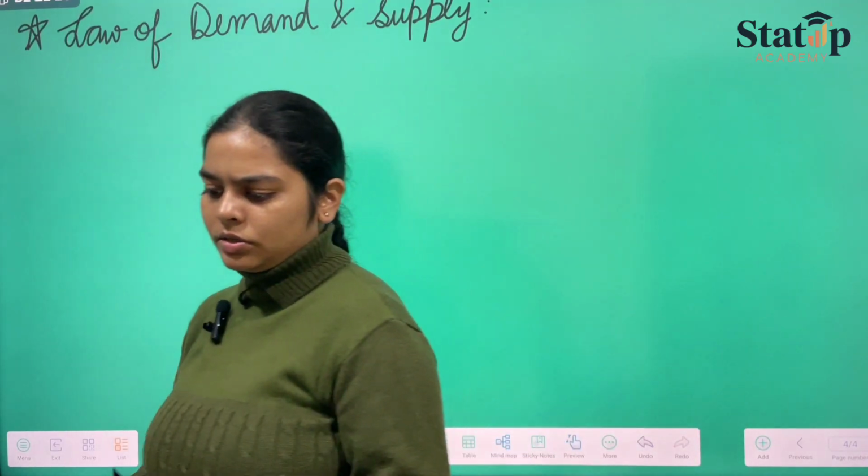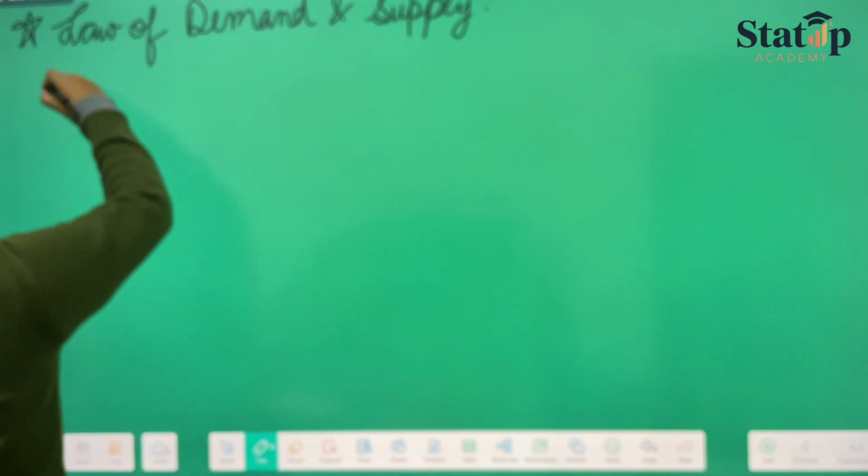So this law says that demand for a commodity varies in the direction opposite to that of price, whereas supply varies in the same direction as that of price.